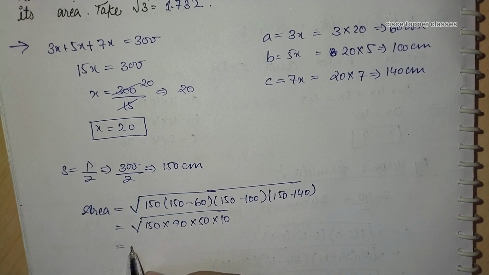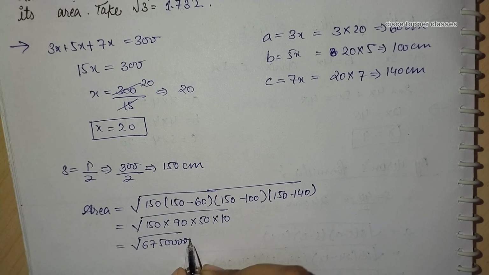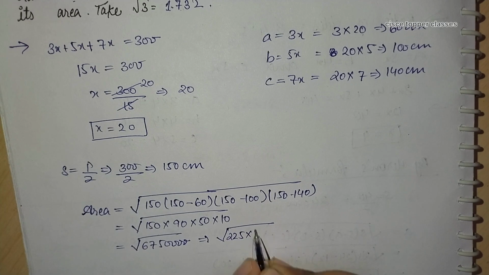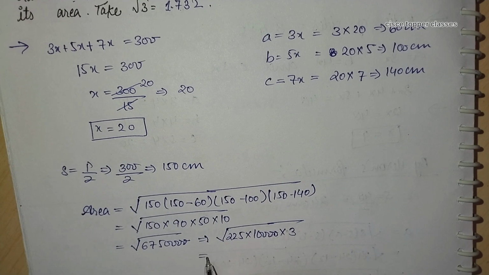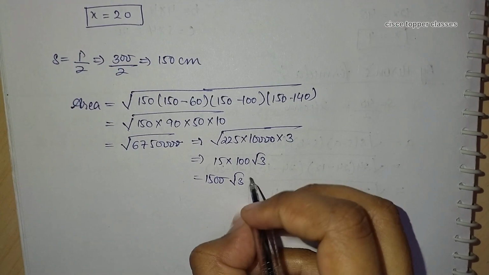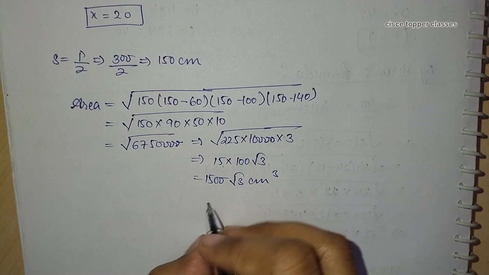So this will be under root 225 into 10,000 into 3, which is equal to 15 into 100 under root 3. So 1500 under root 3 meter square.